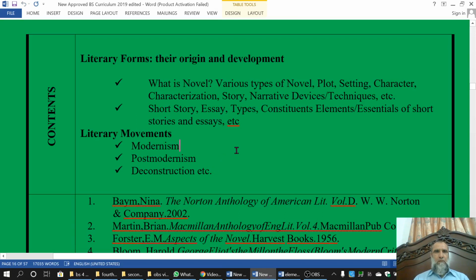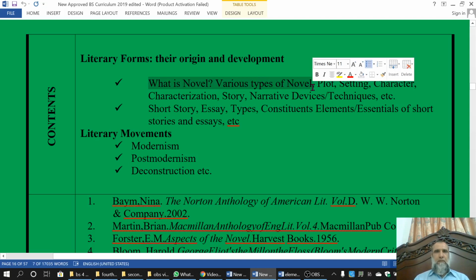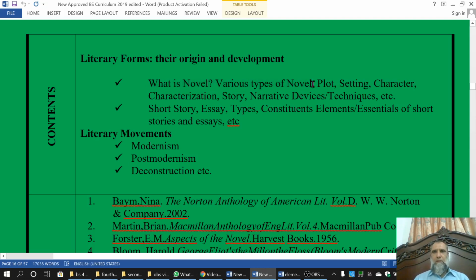If you have a look at your course contents, these are your course contents. The first topic is what is novel and various types of novel. We will discuss this one also, but I'll start from here.